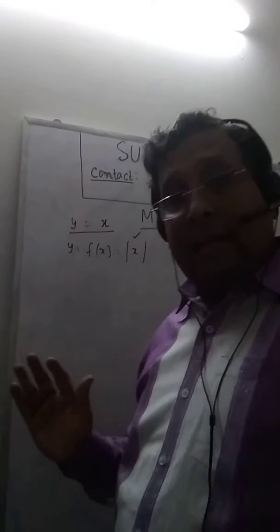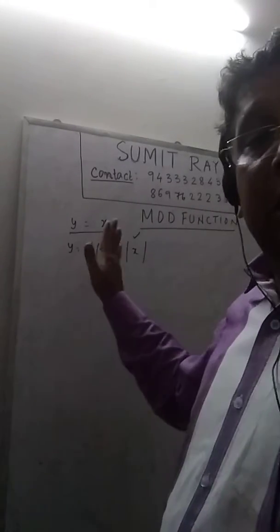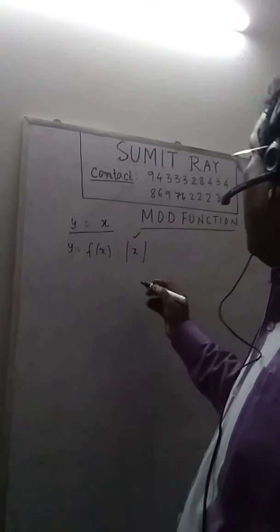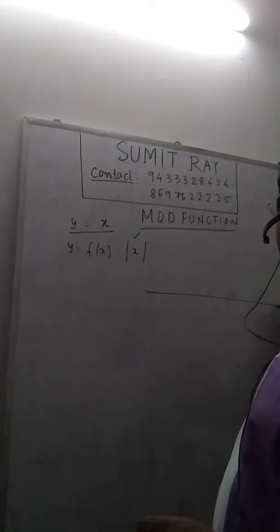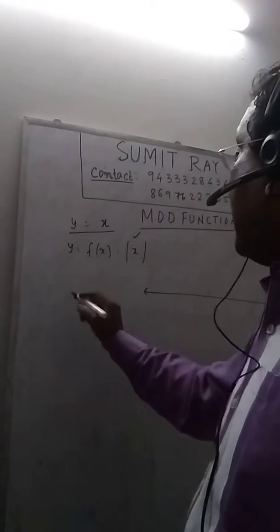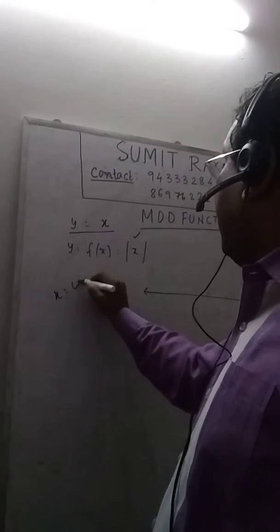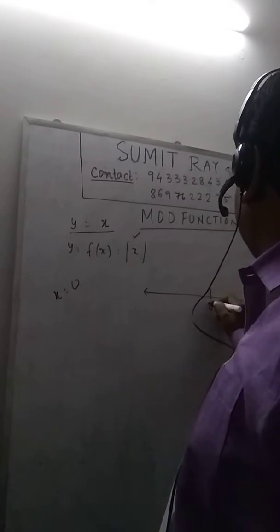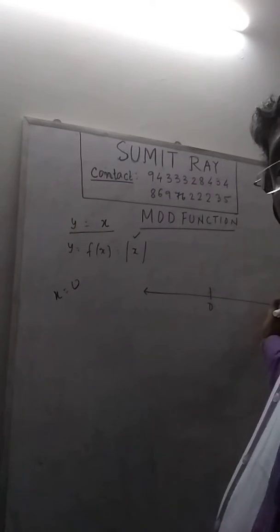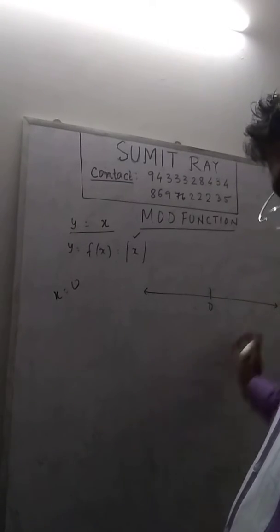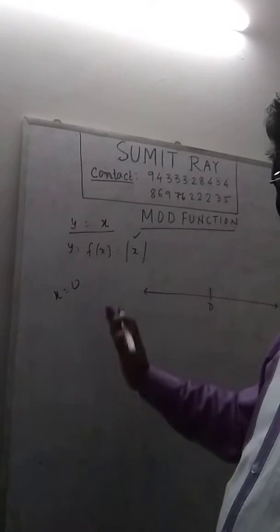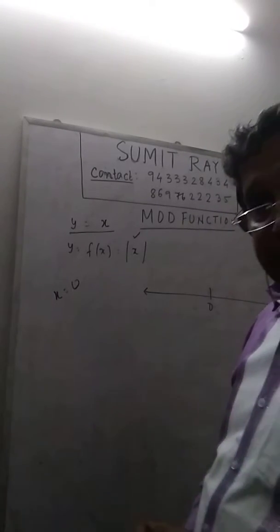So if simply mod x is written, you can think of a number line like the previous one, and for simply x I get the critical value 0. This is called the critical value. To the right side of 0, all the x values are positive, and to the left side of 0, all the x values are negative.